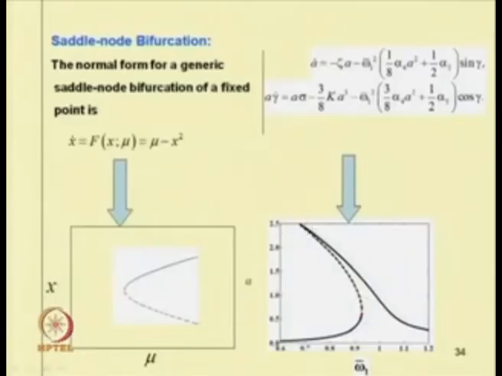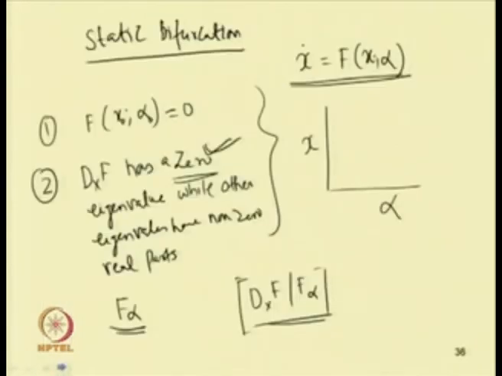Let us discuss the static bifurcation point. Already we know the saddle node bifurcation point, pitchfork bifurcation point, and transcritical bifurcation points are static bifurcation points. A static bifurcation point should satisfy two conditions. First condition, for this first order system x dot equal to f(x, alpha), where alpha is the control parameter, f(x0, alpha0) should be equal to 0.